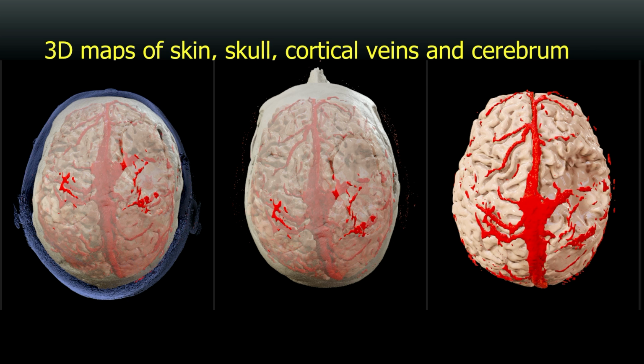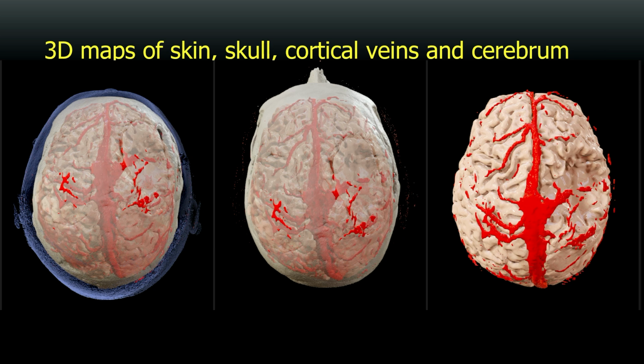We also combine the MRI with the CT scan. The CT scan will help us to extract out data on where the skull is located, and we fuse them with the MRI images so that we can show where the hole in the skull is located relative to the hole in the brain and relative to where all the blood vessels are.